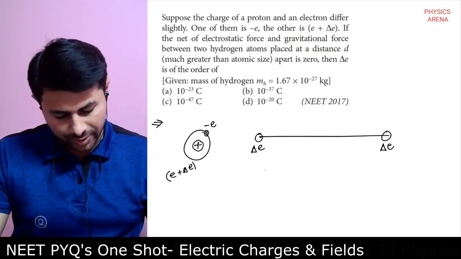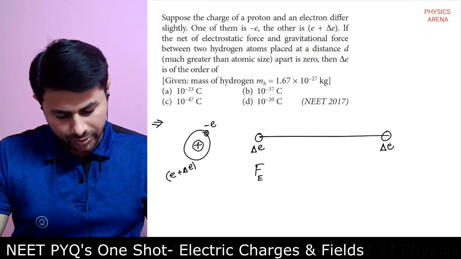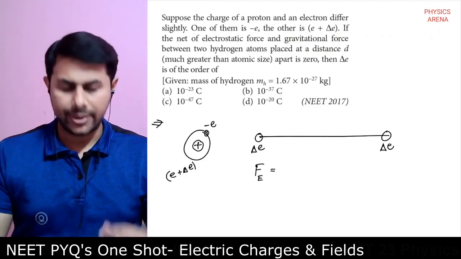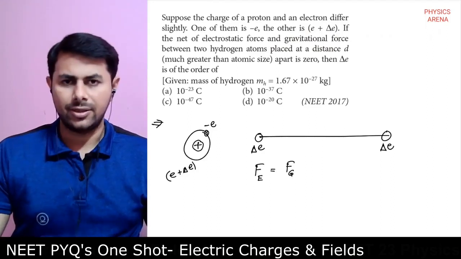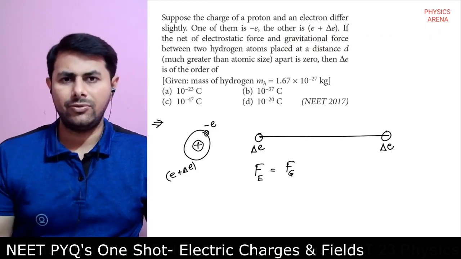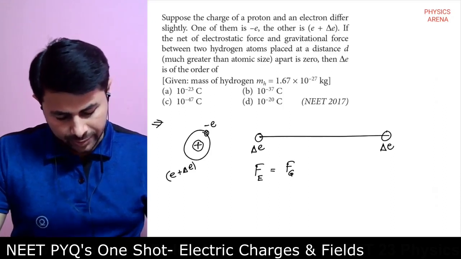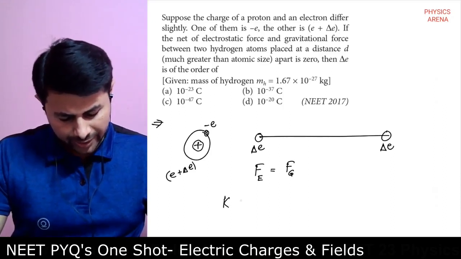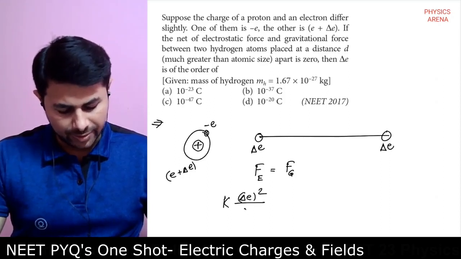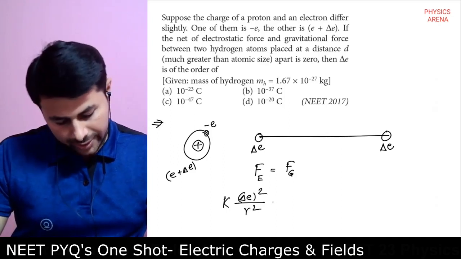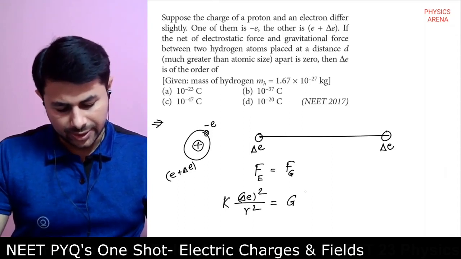So how much is the electrostatic force? We'll say the electrostatic force is F suffix E, and the gravitational force is F suffix G, in magnitude. One is attractive, one is repulsive, so they will cancel out each other. So this is K multiplied by q1 q2, which is delta e into delta e divided by r square, and the gravitational force is G multiplied by m1 m2 upon r square.